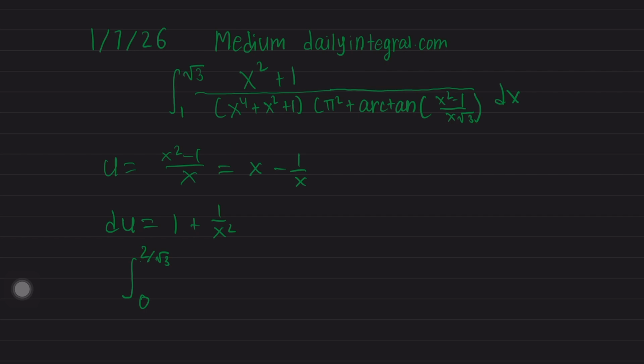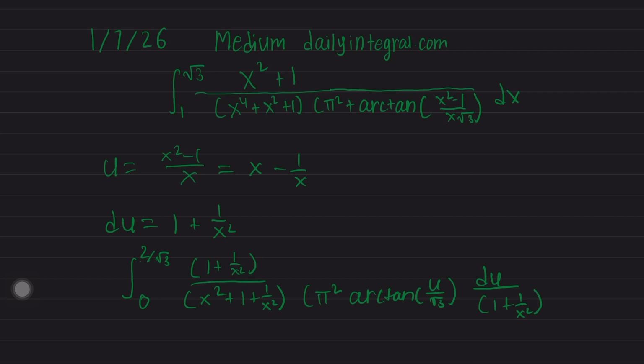Okay, and now we can start putting stuff in. So first, the x squared. We're gonna factor out x squared on both sides, so we'll divide by x squared, and this will become 1 plus 1 over x squared, all of this over x squared plus 1 plus 1 over x squared, times arctan of u over square root of 3, du over 1 plus 1 over x squared.